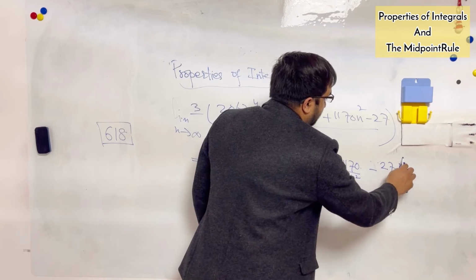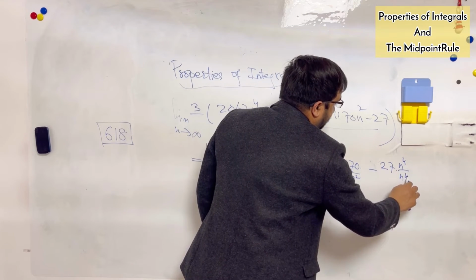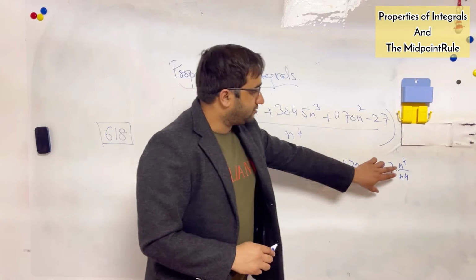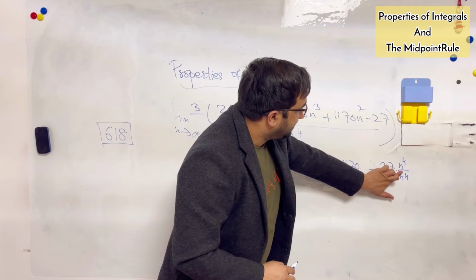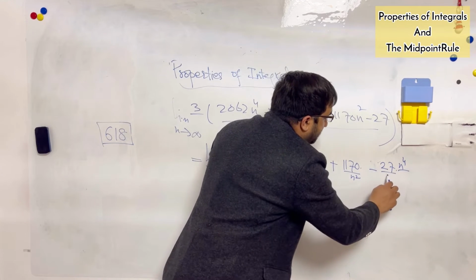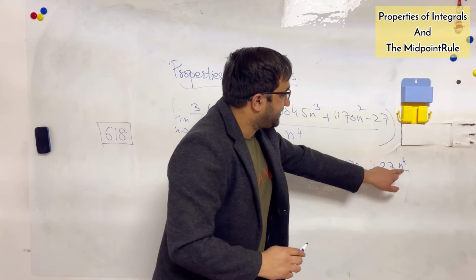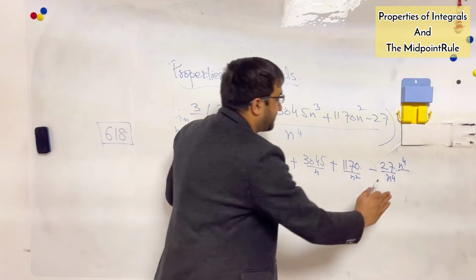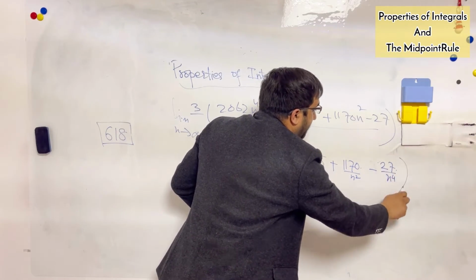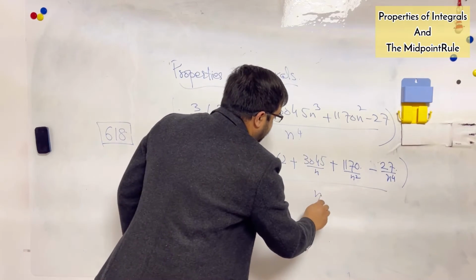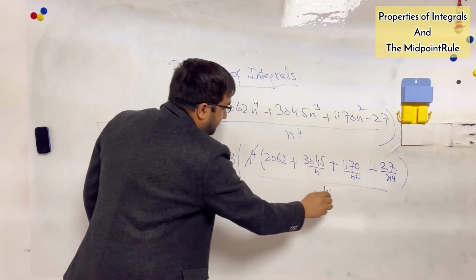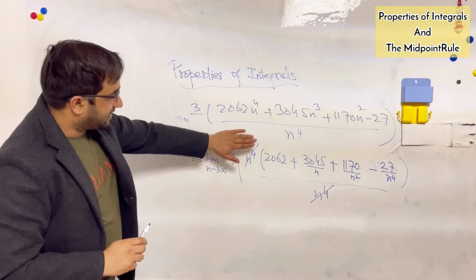How can you make that? Simply multiply and divide that term by n^4. So you are doing nothing, but you are taking advantage of nothing. This n^4 you can keep here, and this n^4 you already took common outside, so it goes there. Now that's it, and divided by this n^4. Now these two cancel with each other, so they are finished.